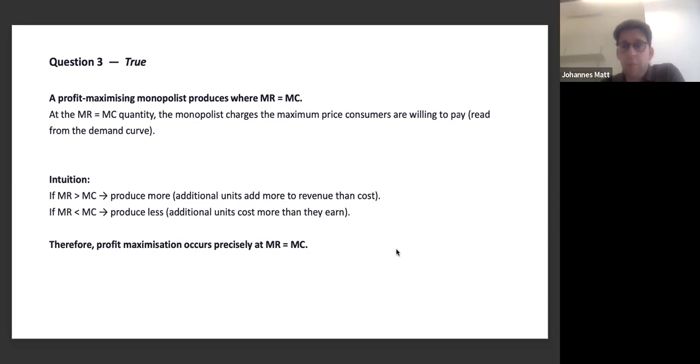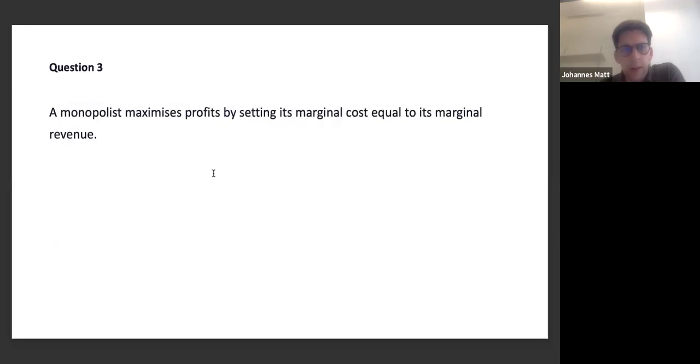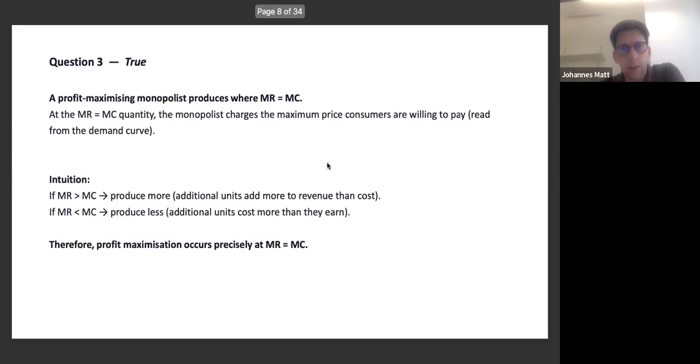Only at the point where marginal revenue is equal to marginal cost will you not be expanding your production any further. Okay, very good. So just to say this again, the question was, a monopolist maximizes profit by setting marginal cost equal to marginal revenue, and that is true, and we gave an appropriate explanation.